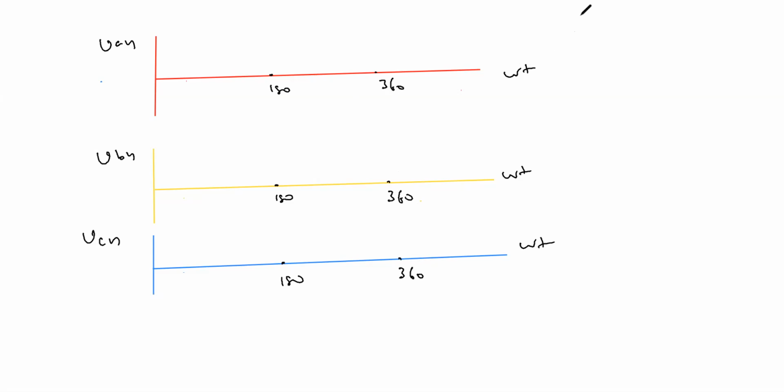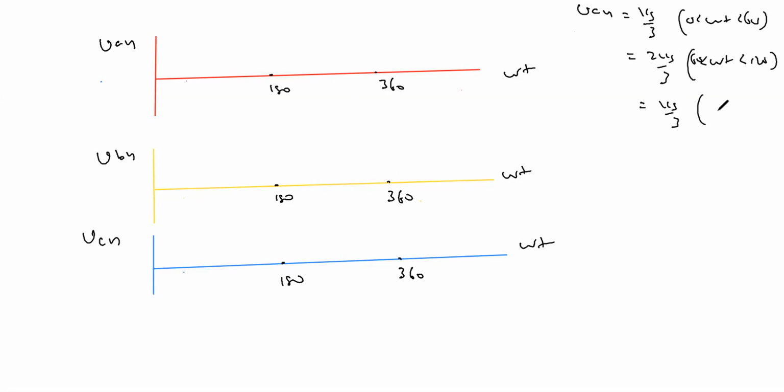So tell me this VAN up to 60. What is the value? VAN, VS by 3, right? Omega T is 0 to 60. Then 2VS by 3, 60 to 120. Next, VS by 3. Omega T is 120 to 180. Do you agree with me? Yes, sir. Nice.